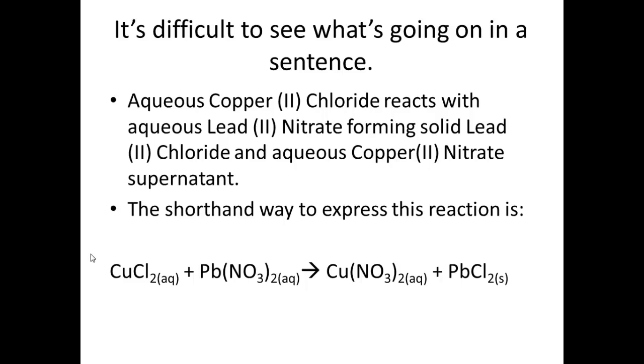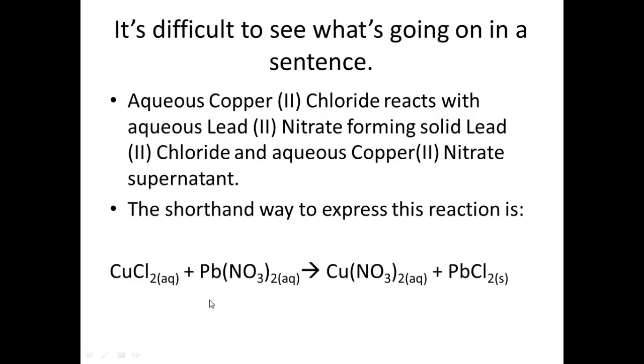So, rather than saying it this way, aqueous copper 2 chloride is CuCl2(aq). That's the symbol. To say reacts with, we use a plus. Aqueous lead 2 nitrate, listen up, we say Pb(NO3)2 aqueous.